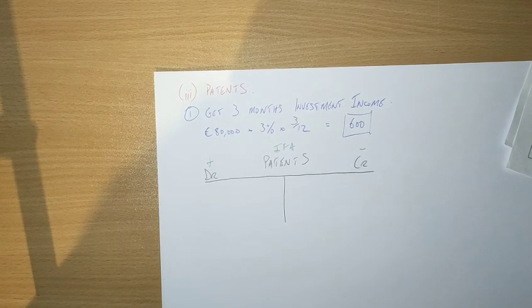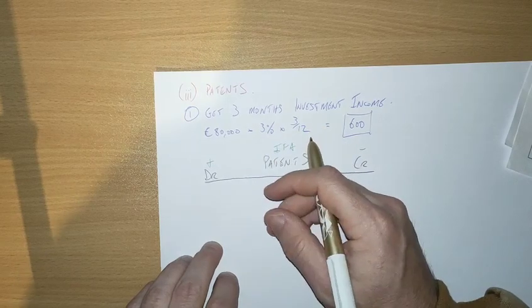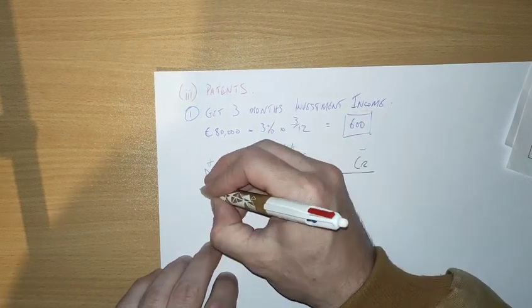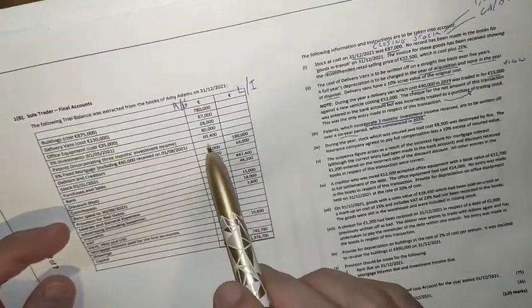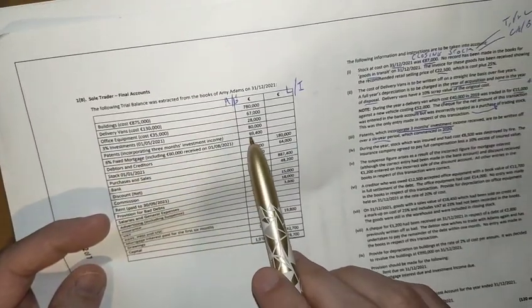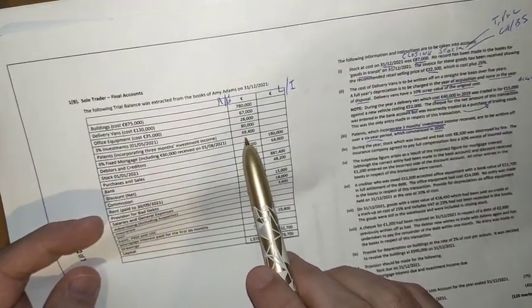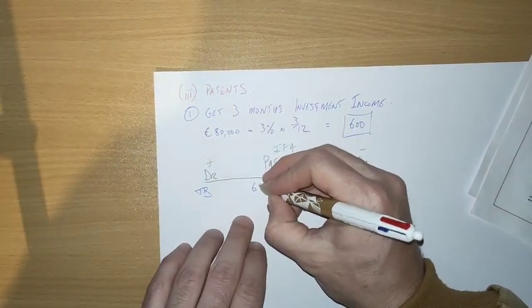The first thing we need to do is grab our trial balance figure. If we look at our patents, it's right underneath the investments, and it's 69,400. That's our starting figure for our account.